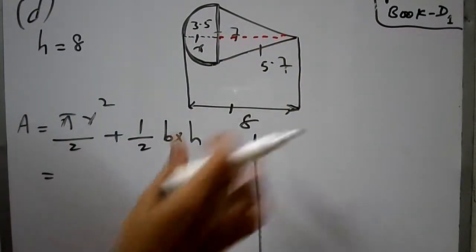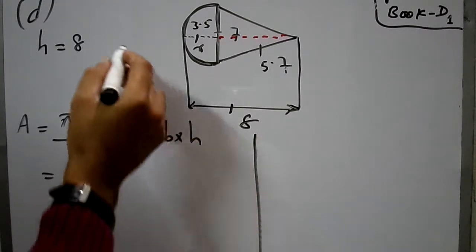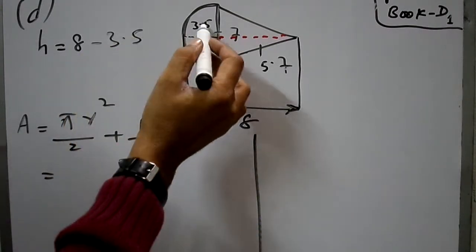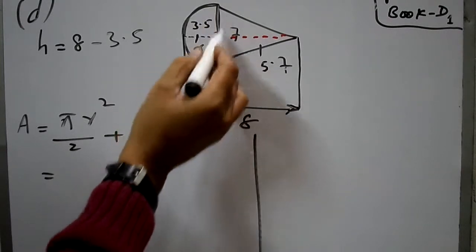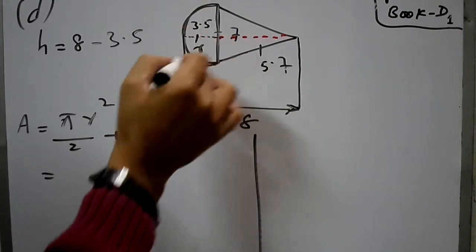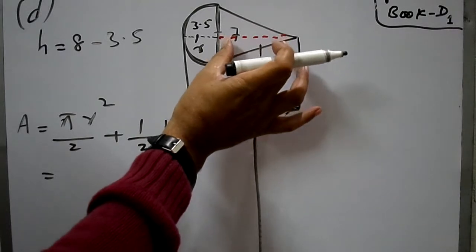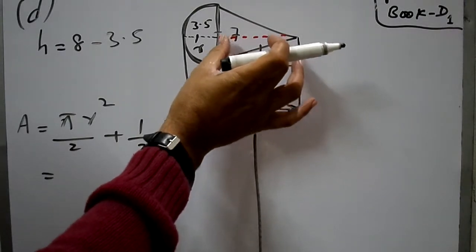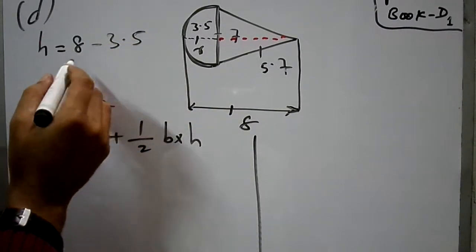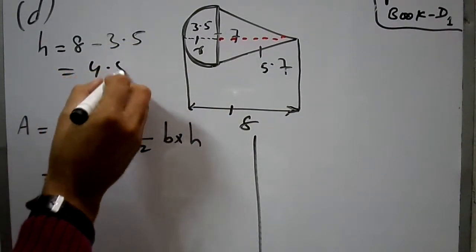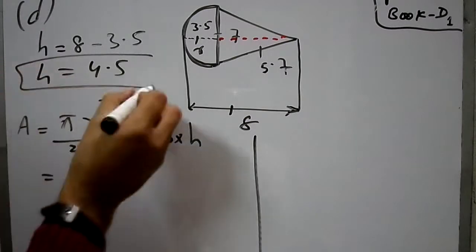So total length is 8 minus 3.5, because we don't need this part, it is in the semicircle, 3.5 lies there, so we need only the triangle altitude, so we have to subtract. So that's why 4.5 will be the height in centimeter.